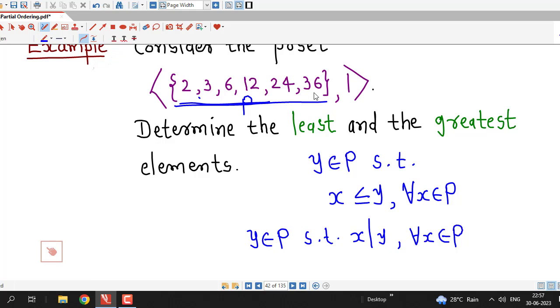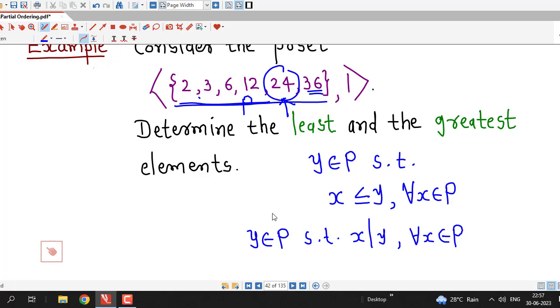So we can check for 36. We know that 2 divides 36, 3 divides 36, 6 divides 36, 12 also divides 36, but 24 cannot divide 36. So 36 will not be the greatest element. And if I take 24, then 24 is not divisible by 36.